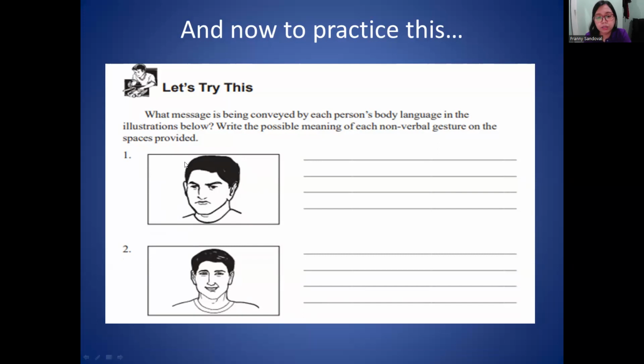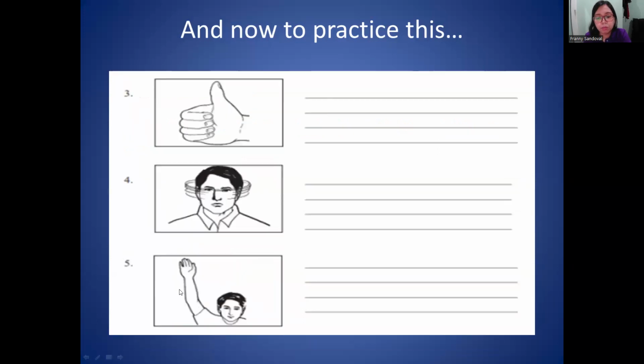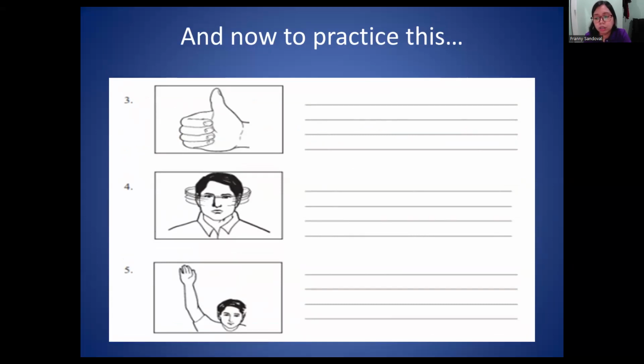Number 1, number 2, number 3, number 4, number 5.